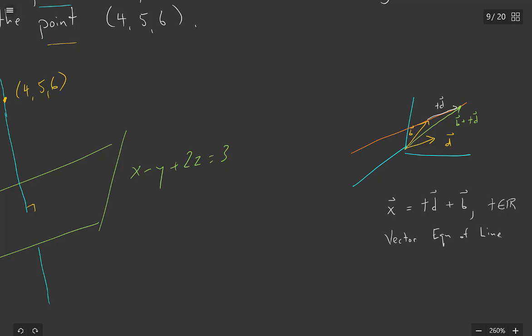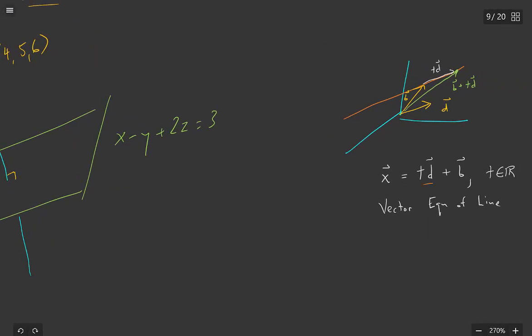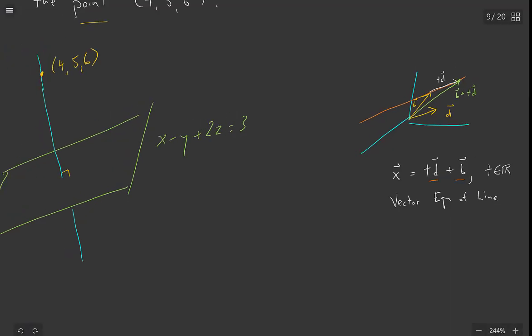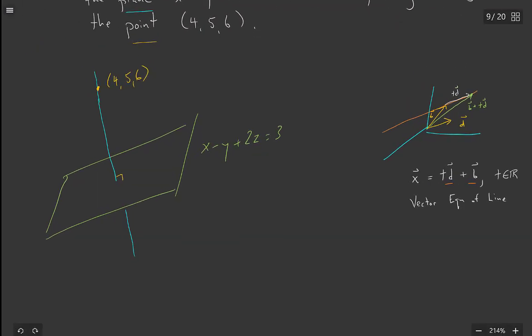So basically all we need to find to solve this problem is the direction vector d, something that gives us the direction of the line, as well as a single point on that line, so that we can define a vector that takes us onto the line. So going back to the problem at hand, we can see that we already have b given to us in the problem.